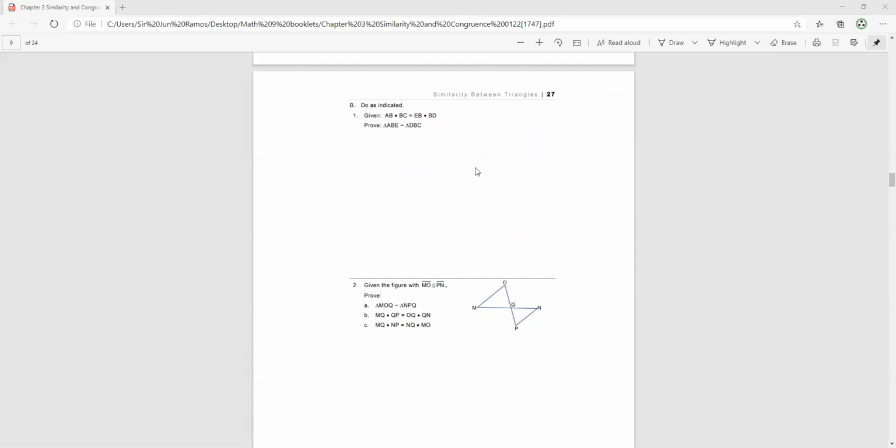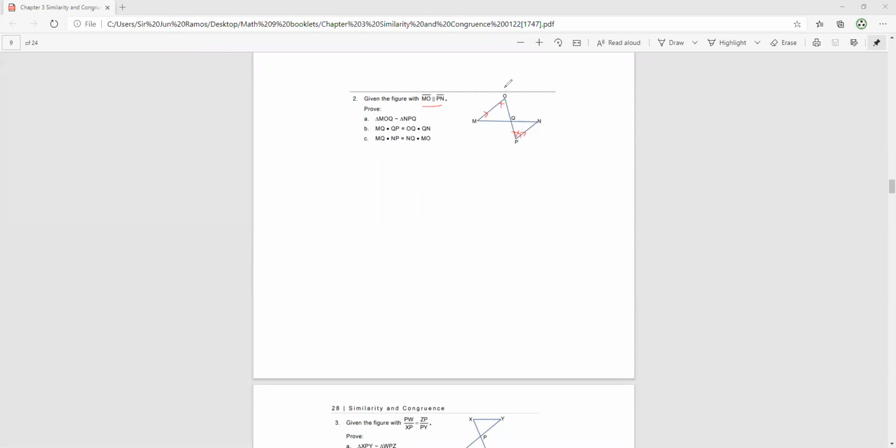If you look at the given again, this is the only thing that's given: MO is parallel to PN. We have learned that if two lines are parallel and we have a transversal, the alternate interior angles should be congruent.